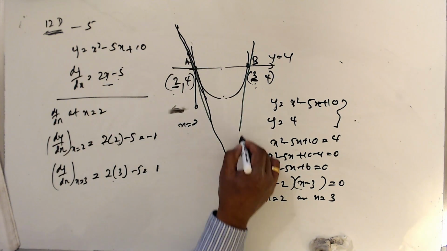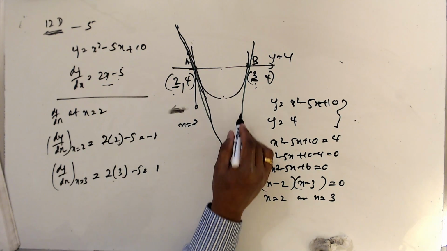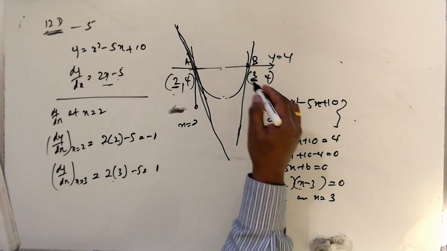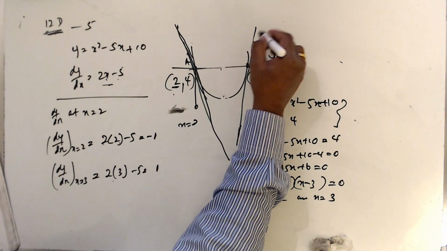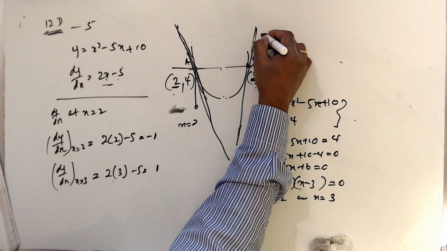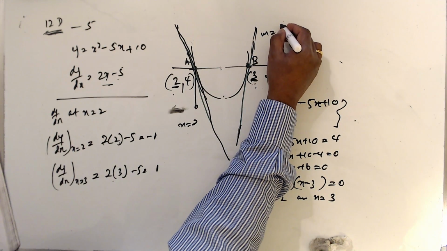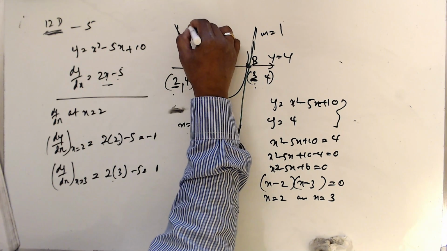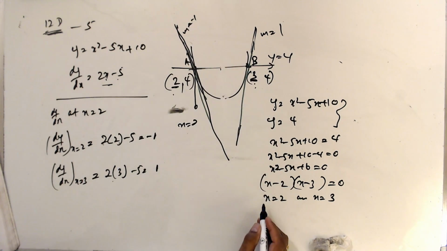This is y equals mx plus c. Let's say this m is 1 and this m is minus 1.